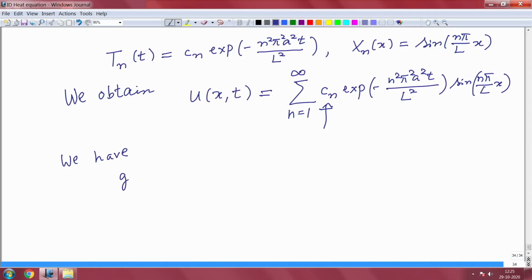So, we have g of x is equal to u x 0. Simply substituting t equal to 0 in the infinite series, we get C n.